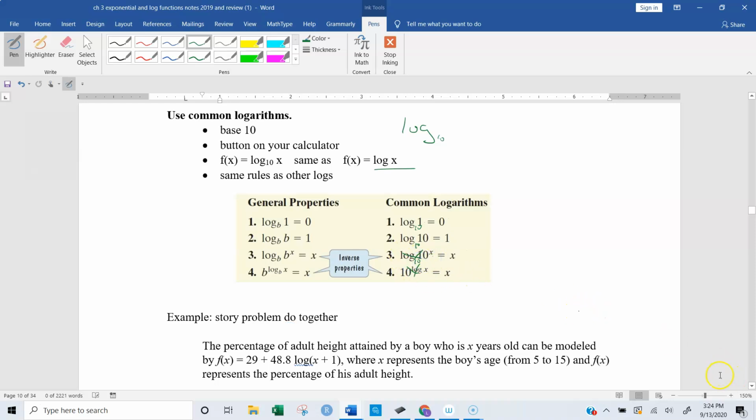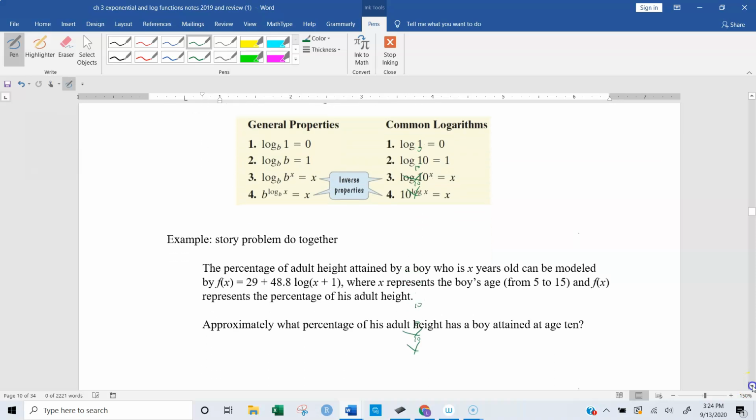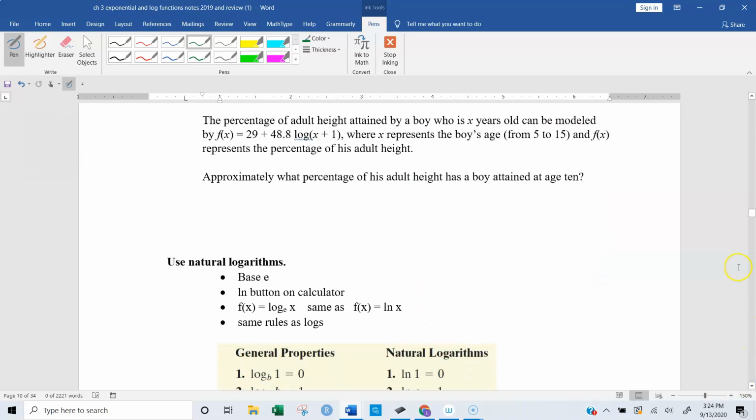So let's use here to solve a couple of problems. We know the percentage adult height for a boy who is x years old, so x is years, is represented by f of x, which is 29 plus 48.8 log of x plus 1, where x represents a boy's age.